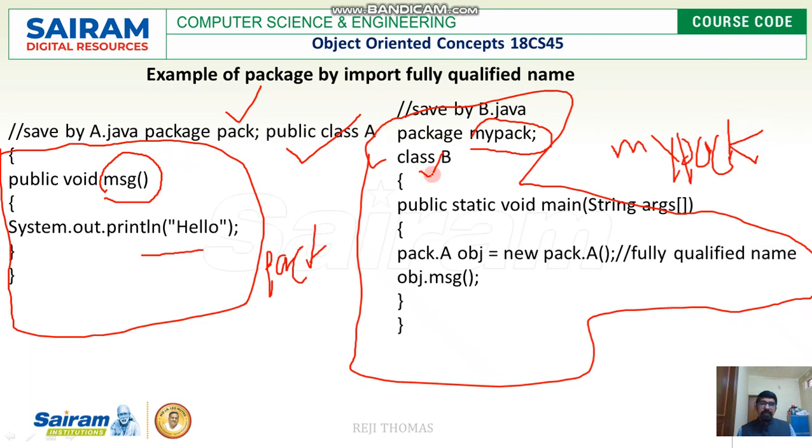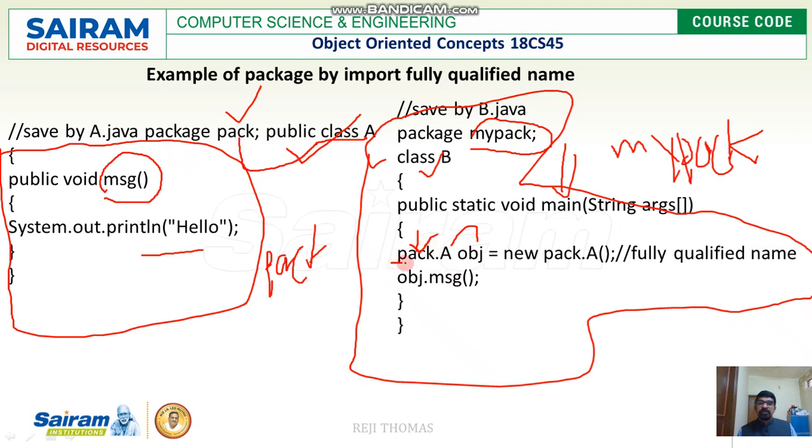Now there's a class B with a main method, and what I do is create an object of A, and I named it obj. But before I create an object of class A, you have to say in which package this A is present. This A belongs to a package called pack. This is my class, so this is inside a package called pack.